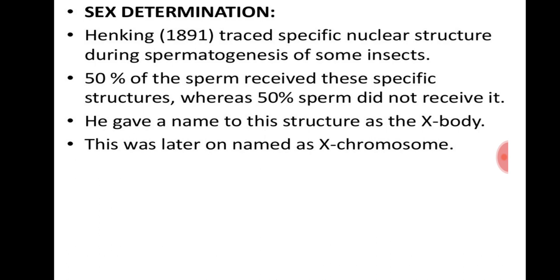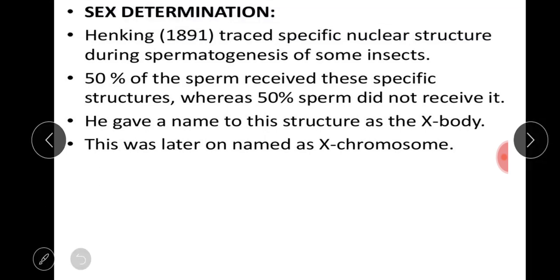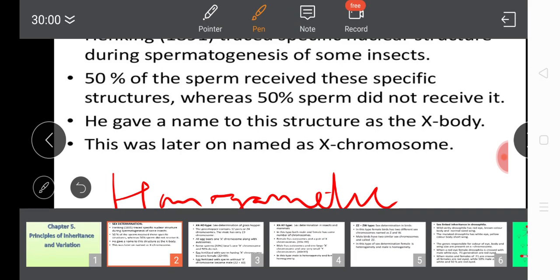Thus, on the basis of the type of allosome present in the gamete, the parents can be of two types. First, homogametic, that is producing similar gametes.